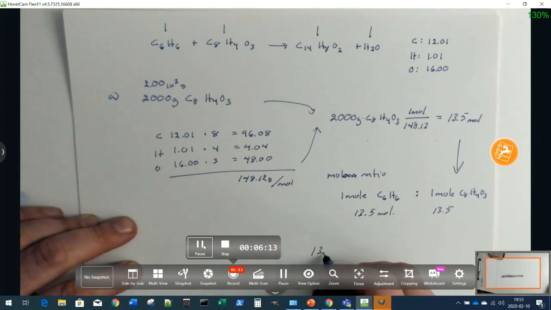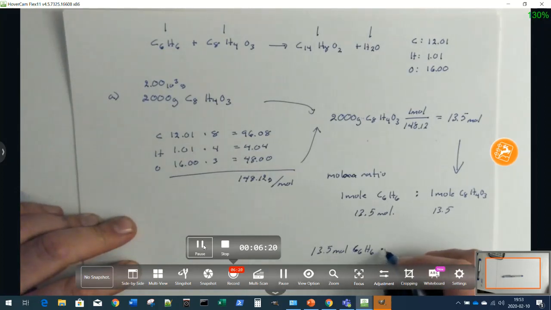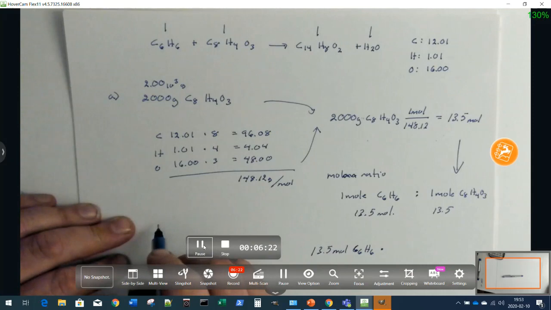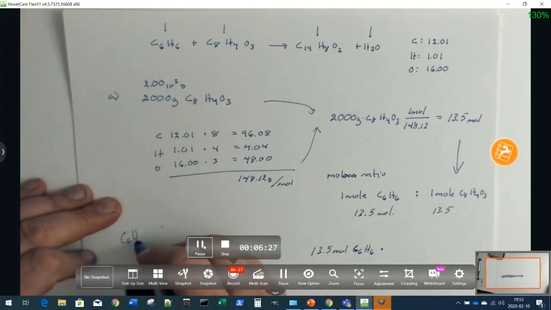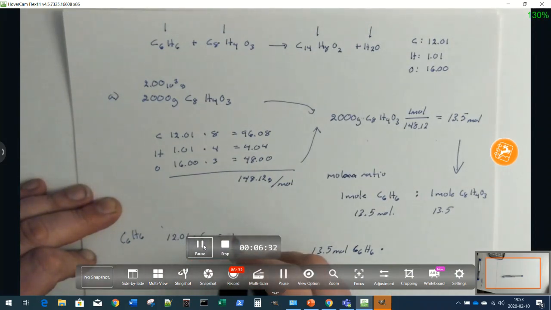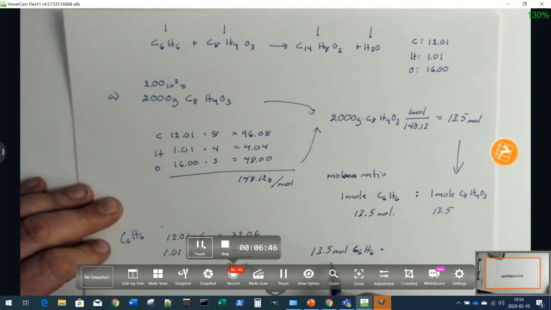Then we multiply by the molar mass of C6H6, which is 12.01 times 6, which is 72.06, plus 1.01 times 6, which is 6.06, for a total of 78.12 grams per mole.